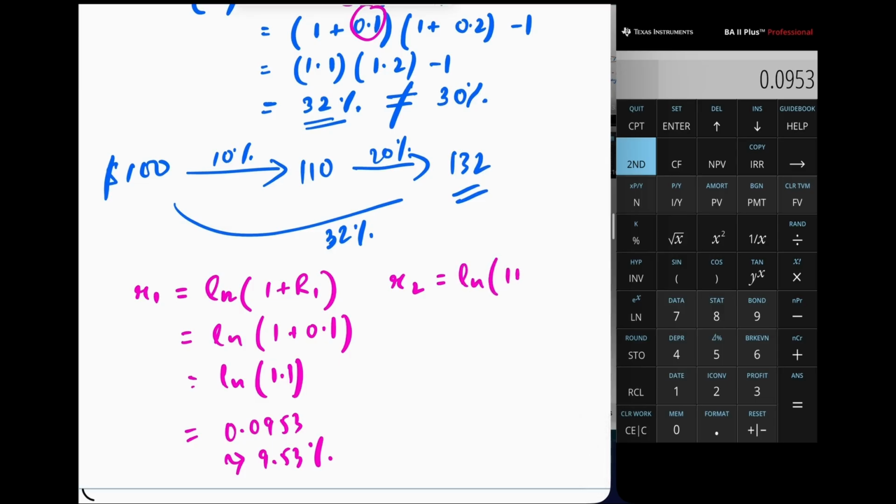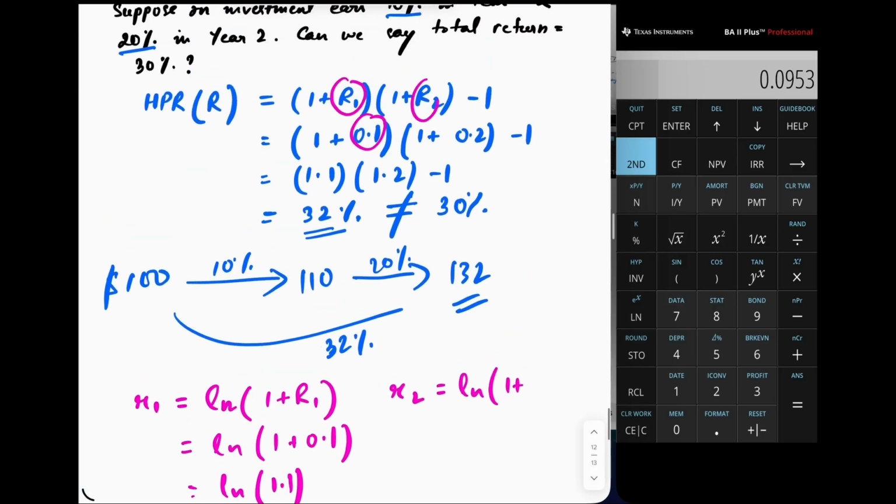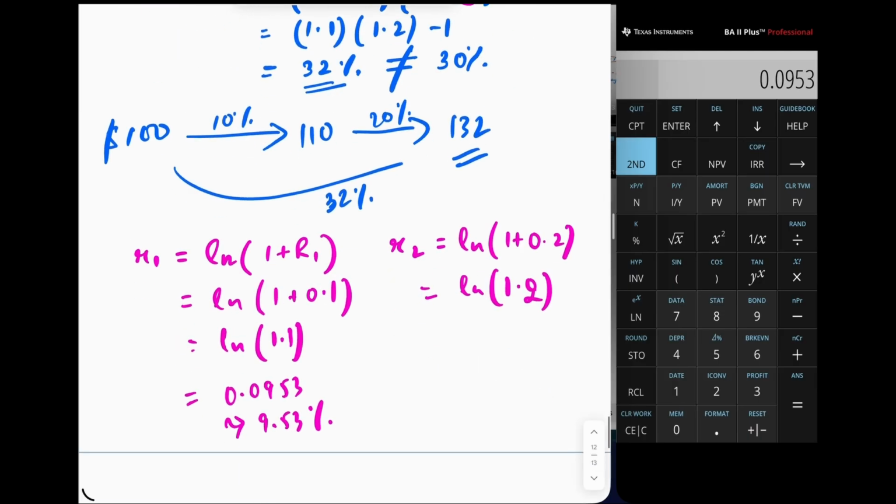What about the year 2 continuous compounding rate? Log of 1 plus R2. R2 is 0.2, so log of 1.2. It is coming out to be 18.23%.